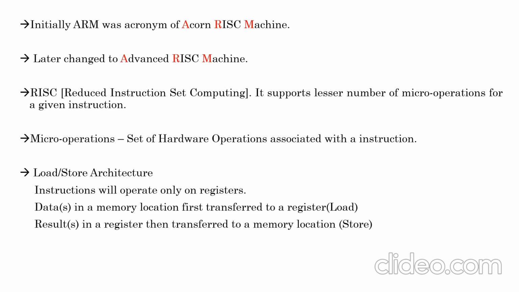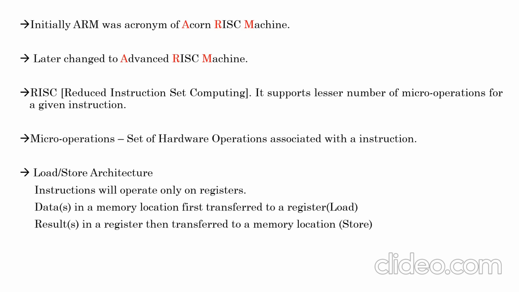All these are called hardware operations. For the time being, just to understand, micro operations are the set of hardware operations associated with a given instruction. So reduced instruction means it will have a lesser number of hardware operations, a lesser number of micro operations, for a given instruction.